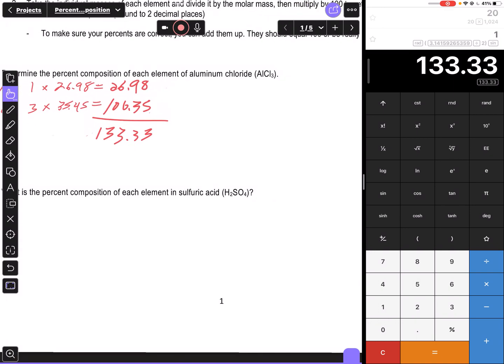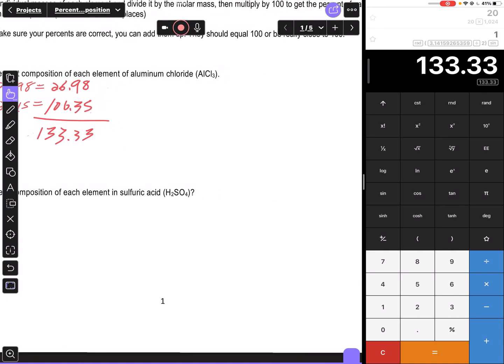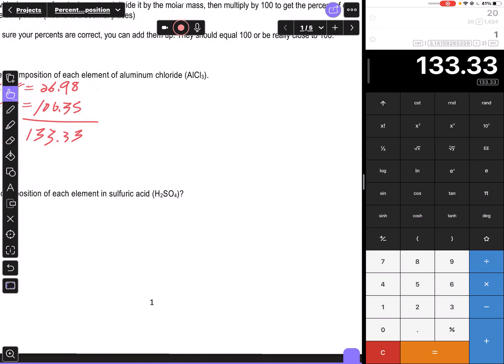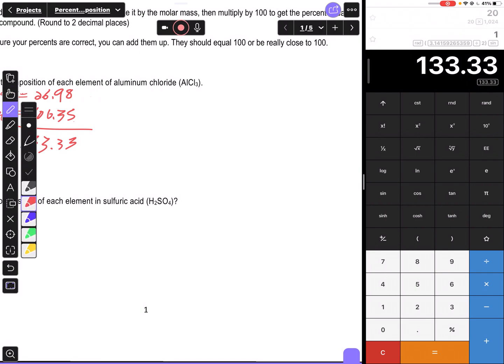Now I'm going to take each individual mass and divide it by the total. So for aluminum, that would be 26.98 divided by the total, which is 133.33.